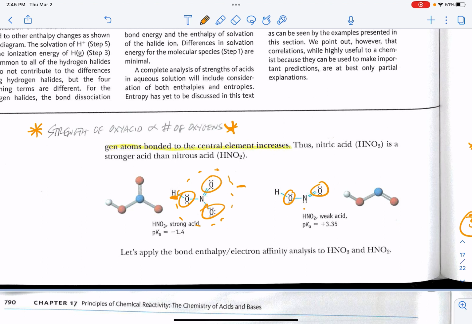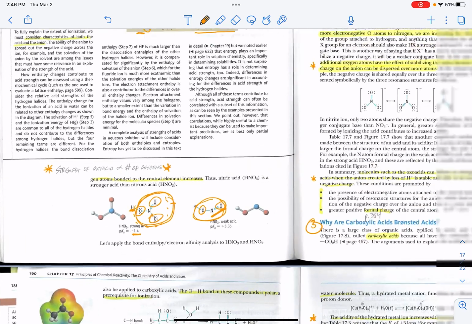The resulting anion is not going to be nearly as stable as the resulting anion over here. And since this is more stable, it's easier to donate the proton. Since this is less stable, it's not going to be as willing to donate it. And again, the more negative your pKa, the stronger the acid happens to be.